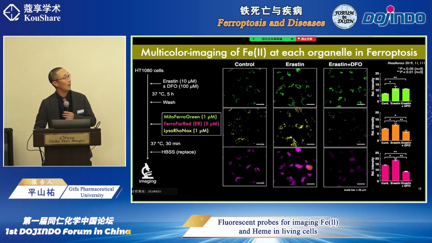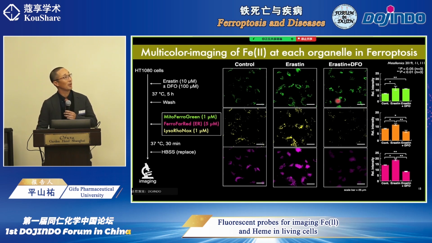And here shows the organelle-specific analysis of labile iron status by using the cocktail of the mitochondria, ER, and lysosome-specific fluorescent probes. And we observed significant fluorescence increase in the erastin-treated cells, but the mitochondrial fluorescence signal increase was independent of the labile iron.